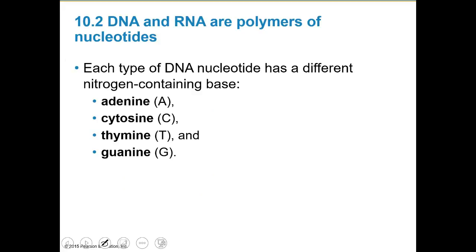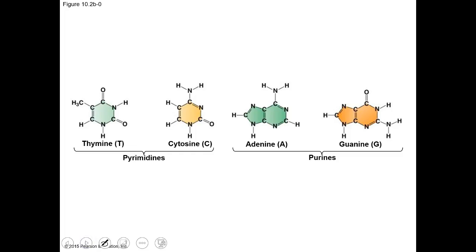Okay, we can do this very quickly. Each type of DNA nucleotide has a nitrogen-containing base: A, C, T, and G. Hopefully we remember those guys: adenine, cytosine, thymine, and guanine. If not, we shall review. They have some different characteristics. There are the pyrimidines, and they're a little bit shorter.